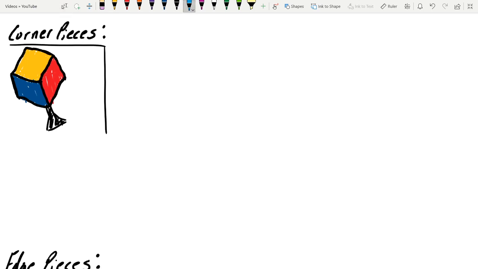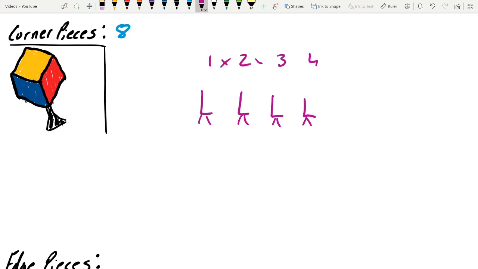So as I said before, there are 8 corner pieces. So 8 in total. And if you're familiar with maths, if you, for example, wanted to work out if there were 4 people, let's say, and these are 4 chairs, then how many arrangements could these 4 people be sitting in these chairs? Well, the way to work that out is just to multiply these numbers.